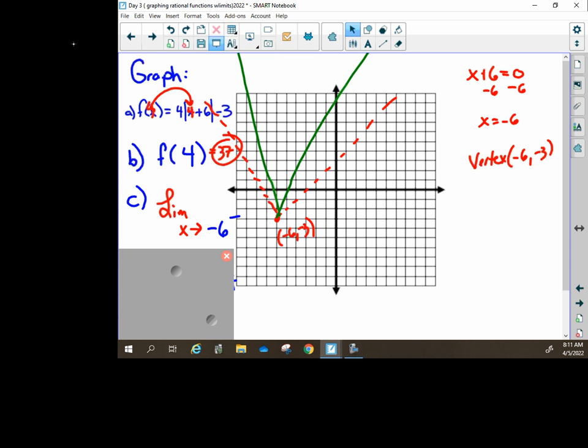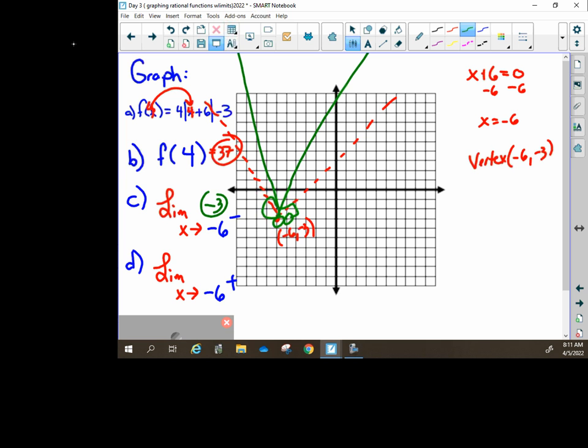No. Isn't it already one of your points that you've plotted? Okay, so I have my wonderful car right here, coming in from the left, gets to -6, and what's my height? -3. Is it going to change if I came in from the right side? No, there's no holes in this graph.